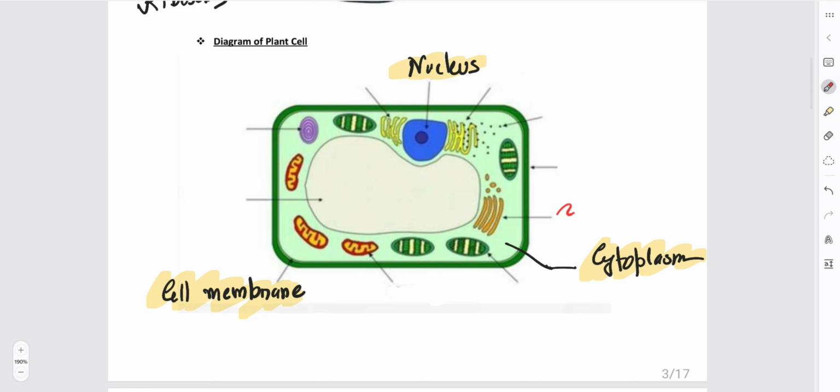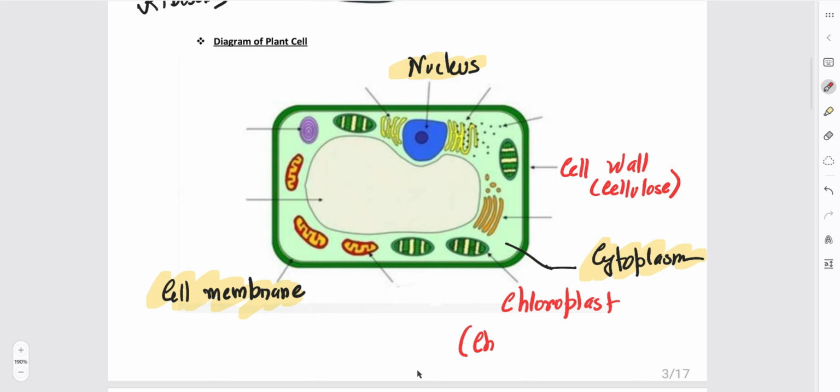First of all, from outside to inside, plant cells have a cell wall made up of cellulose. This is very important. The cell wall is made up of cellulose. Animal cells do not have this cell wall. Plant cells have chloroplasts, which contain a green pigment called chlorophyll, which helps in photosynthesis. But animal cells do not have chlorophyll or chloroplasts.